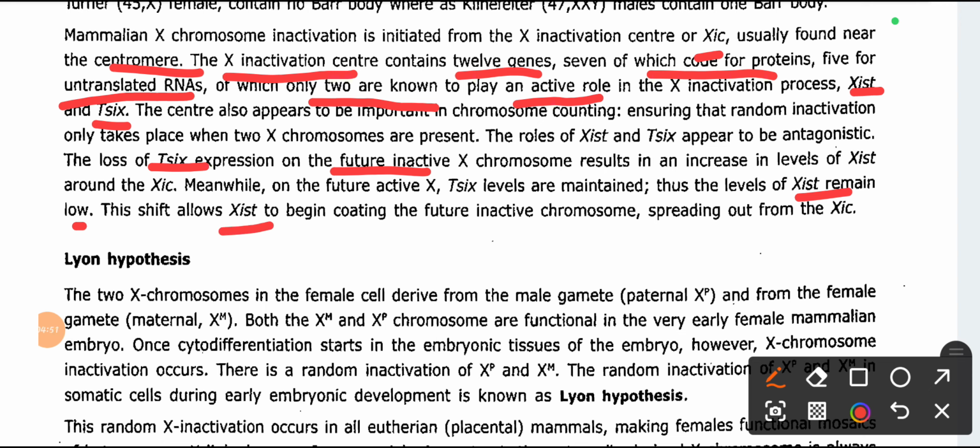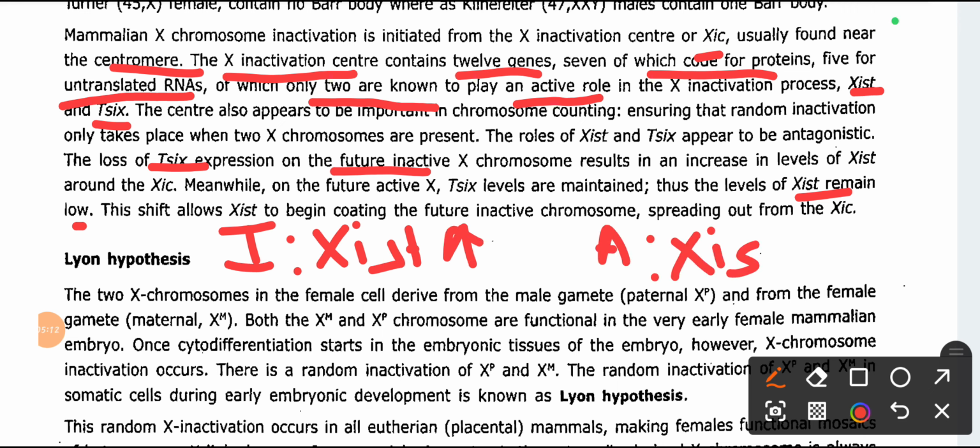So in an inactive chromosome, the XIST level will be high; in an active chromosome, the XIST level will be low. Remember, XIST is what inactivates the X chromosome.